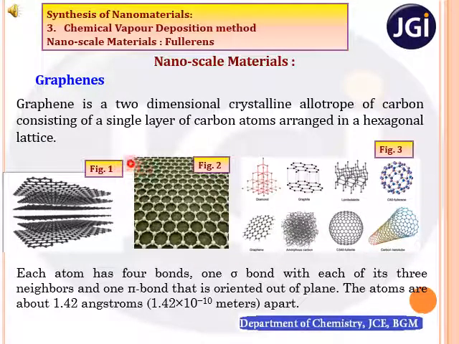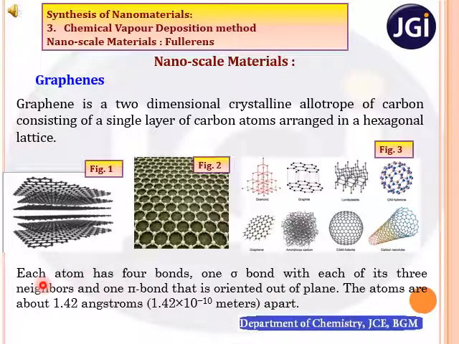So let us discuss the structural arrangement of carbon atoms in graphene. Each atom has 4 bonds, one sigma bond with each of its 3 neighboring carbon atoms and one pi bond that is oriented out of the plane. The atoms are about 1.42 angstrom units apart. You know the valency of carbon is 4, hence it can form 4 bonds.